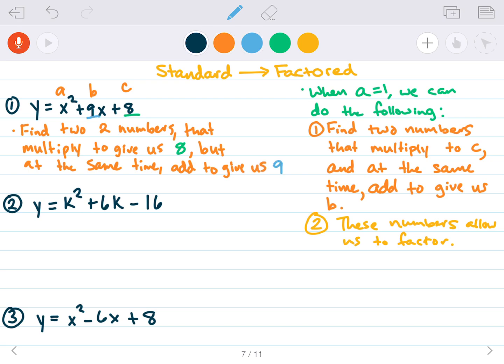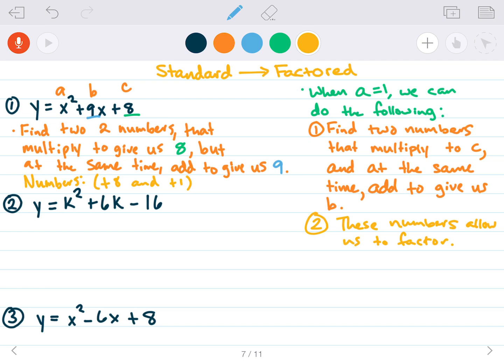All right? So can you figure out two numbers that multiply to 8, but when you add those two numbers, they give you 9? What two numbers are those? Well, those two numbers are going to be positive 8 and positive 1, right? So the numbers are positive 8 and positive 1.